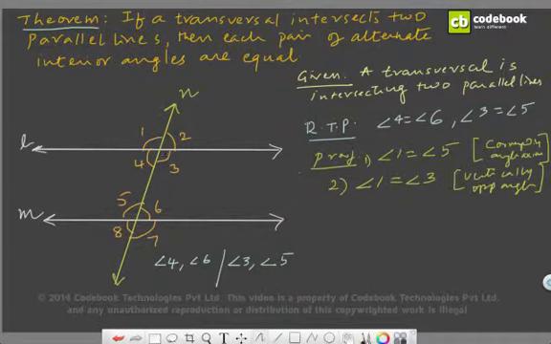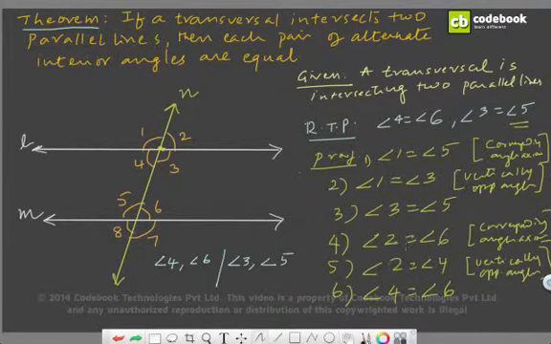If you observe closely, angle 1 and angle 3 have the same vertex and no common arm. So they are vertically opposite angles, and vertically opposite angles are always equal. We have studied that in the previous lesson. So from 1 and 2, we know that angle 3 is equal to angle 5. So that is one thing that we had to prove.